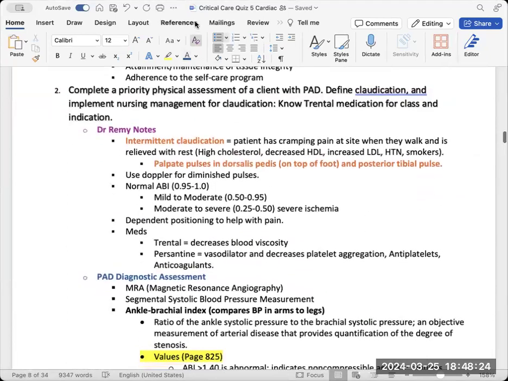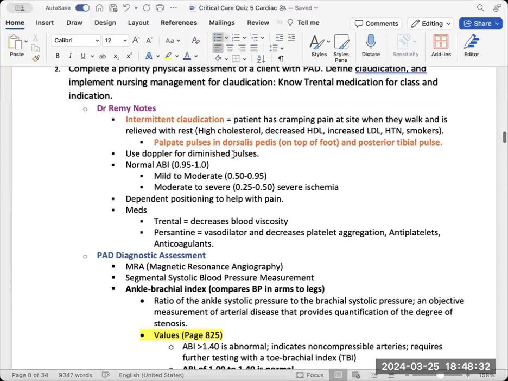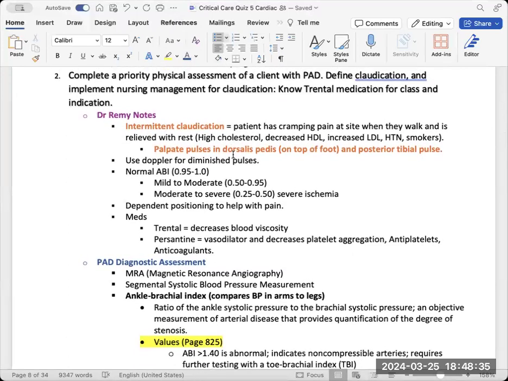So the next question is to complete a priority physical assessment of a client with PVD, define claudication, and implement nursing management for claudication, no parenteral medication in class. So intermittent claudication, as we said already, is pain when they walk, and it's relieved by rest.